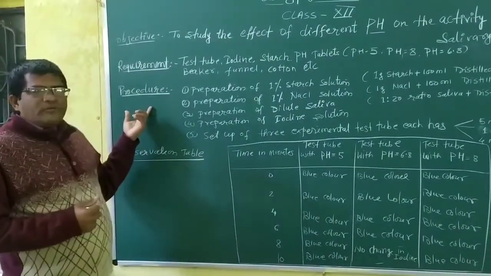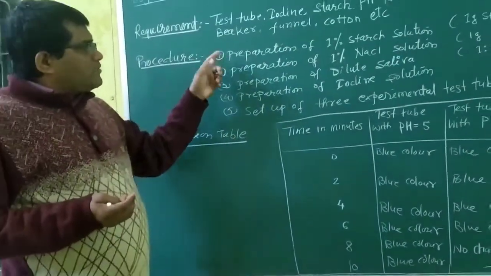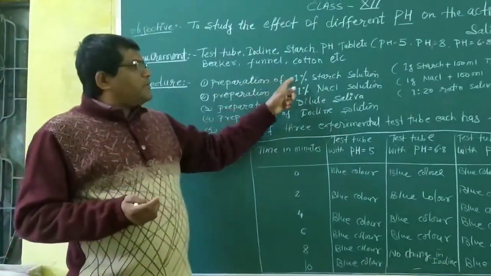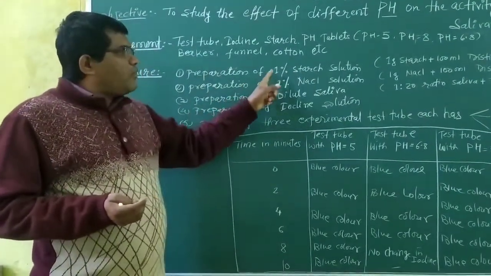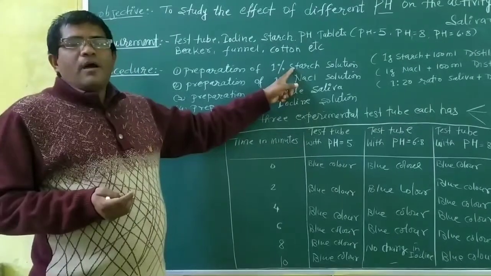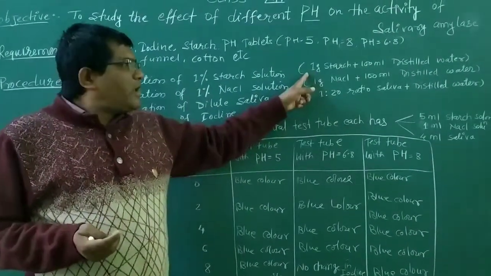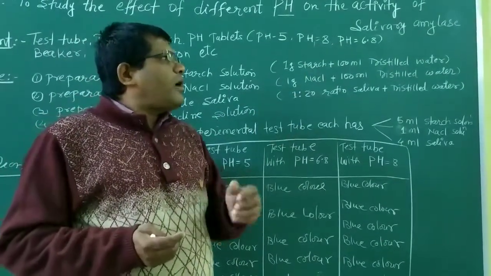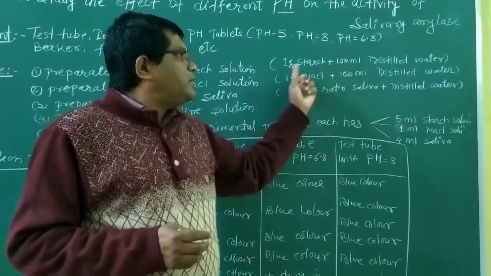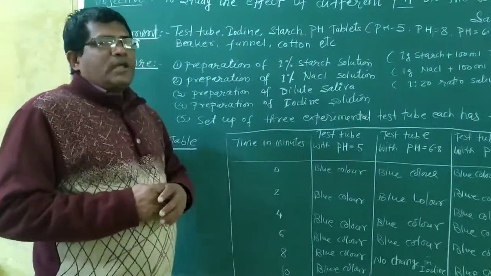Then the procedure for this experiment, what we have to perform. First, preparation of 1% starch solution. We will see how 1% starch solution is obtained. For 1% starch solution, you weigh 1 gram of starch and dissolve it in 100 ml of warm distilled water. This is called 1% starch solution.